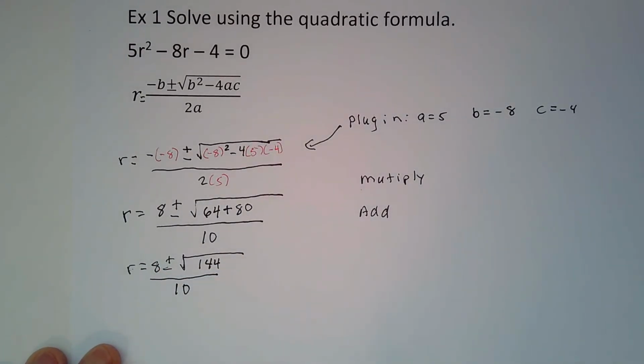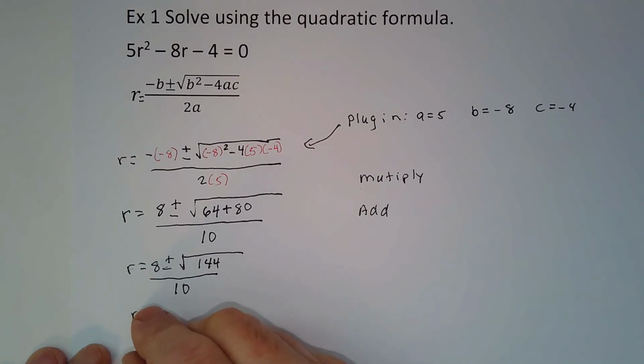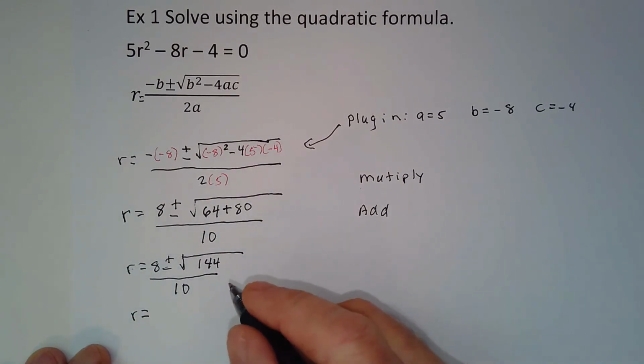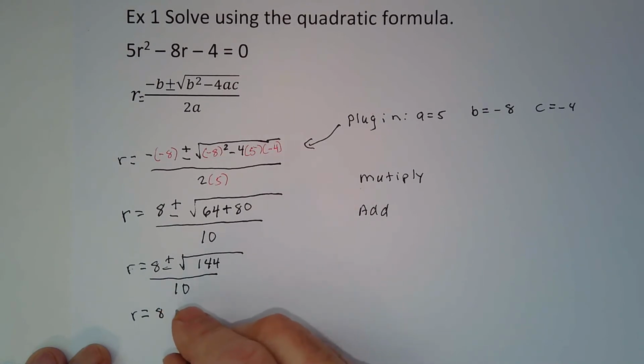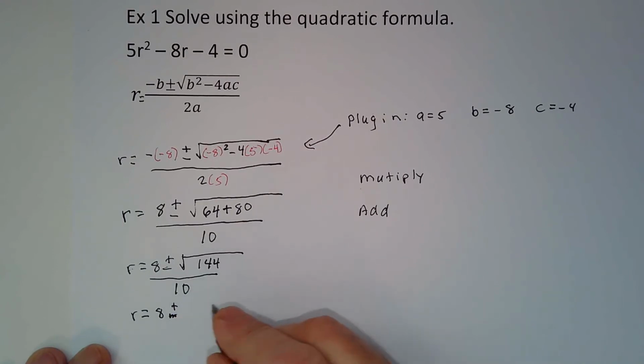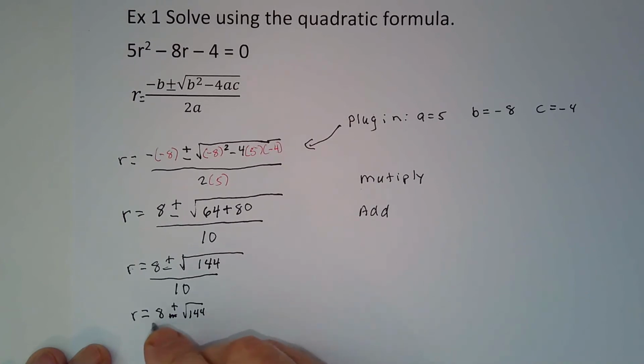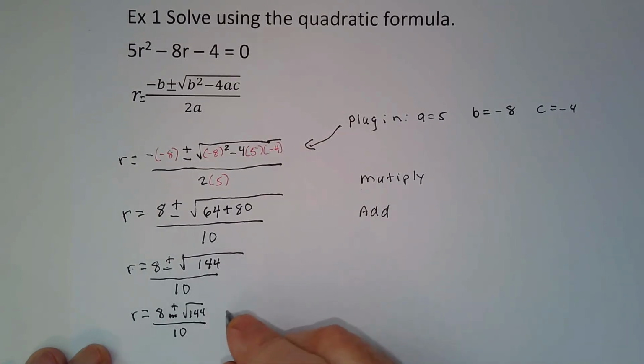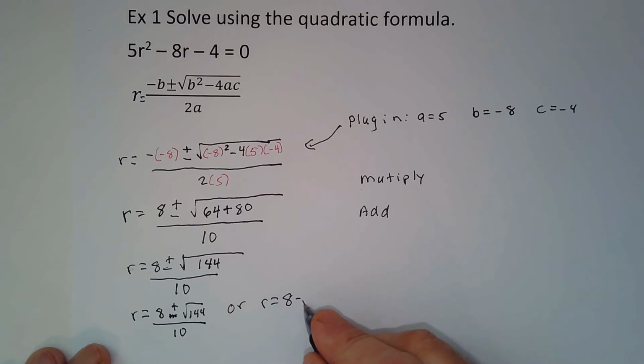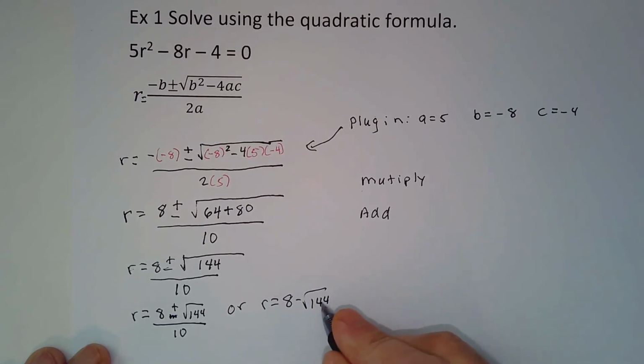Okay, so now what we're going to do is split this into two equations. So we're going to have r equals 8 plus the square root of 144 divided by 10, or r equals 8 minus the square root of 144 divided by 10.